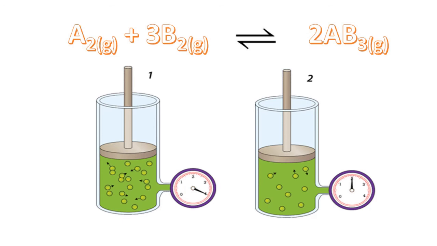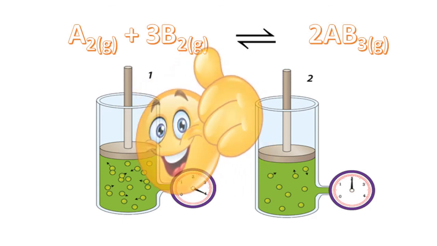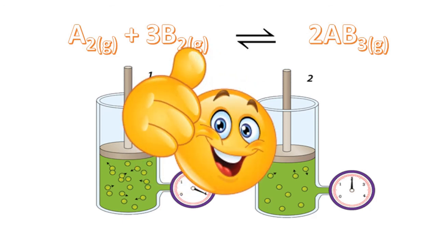If you think that the reaction is proceeding in the backward direction, you are right. Because the system is already in a low pressure condition, it wants to increase the pressure. And more number of particles are there on the reactant side.